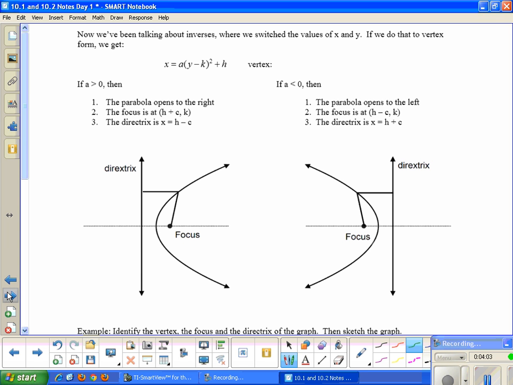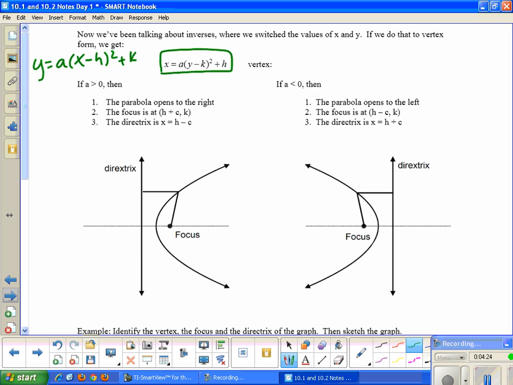Now let's talk about parabolas that open left or right. Parabolas that open left or right have the equation x equals a times y minus k squared plus h. Notice that this is different from the other one, where before we had y equals a times x minus h squared plus k.